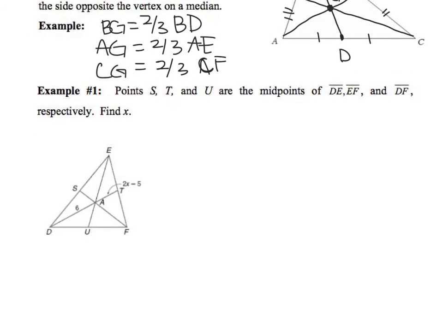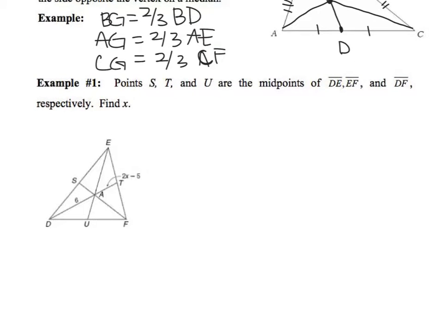So in our first example, we have points S, T, and U are the midpoints of segments DE, EF, and DF. We want to find the length of X. So X falls along the median DT. So we know the centroid A means that the length DA is 2/3 the length of our entire segment.